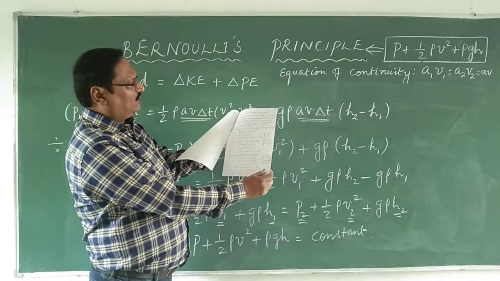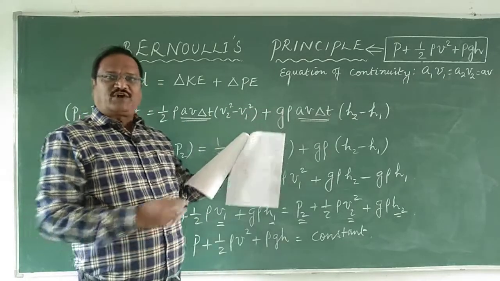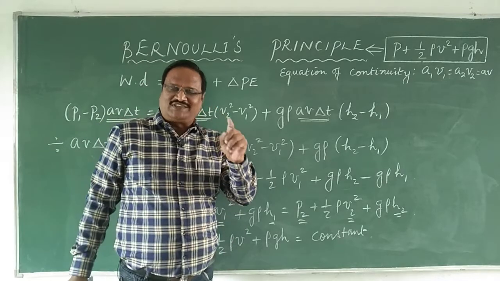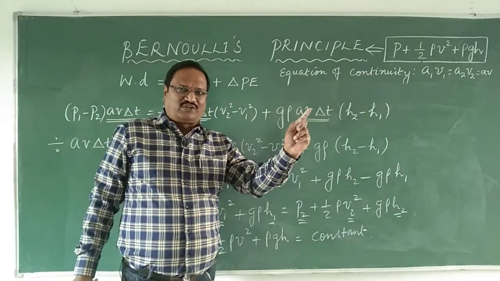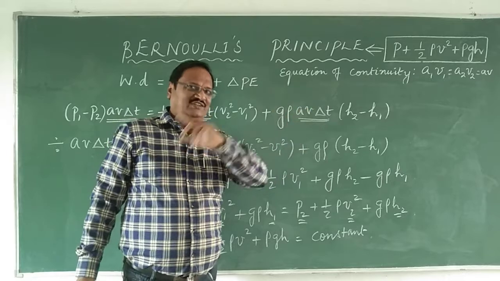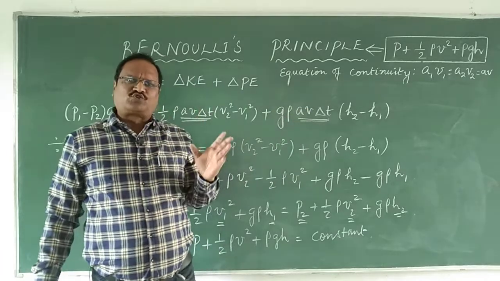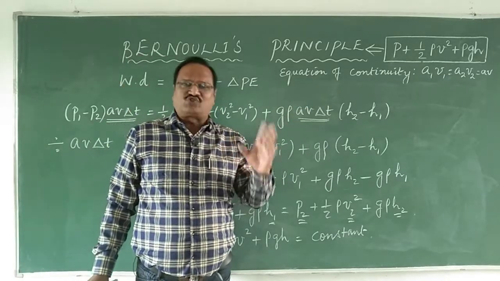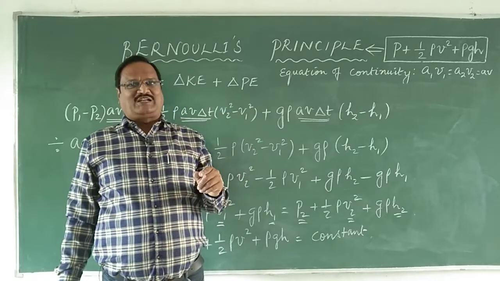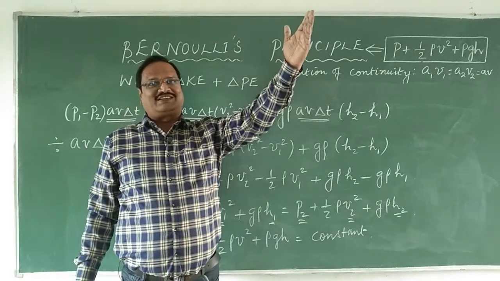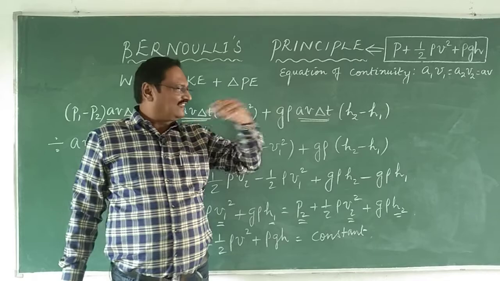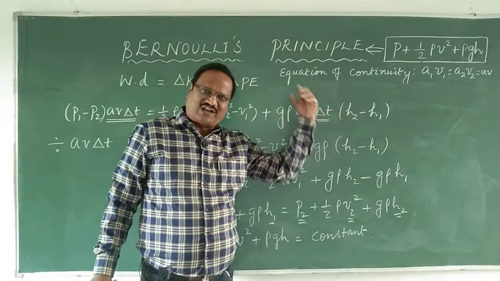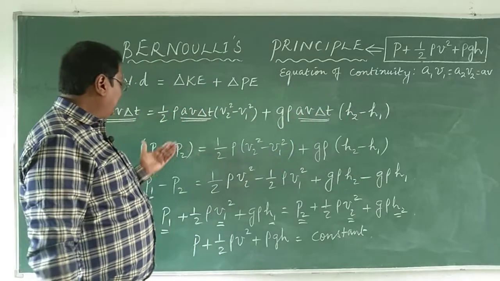I have noted, when I was studying it, that A1 V1 is equal to A2 V2 is equal to AV. You look at many books, the majority of the books use the subscripts and cancel at the end. What I did was make it equal in the starting, so it becomes easy.